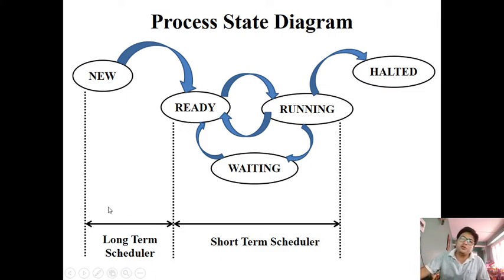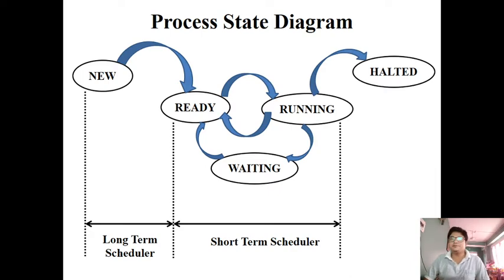The long-term scheduler is responsible for transferring a job from the new state to the ready state. So there are two kinds of scheduler, long-term and short-term, and the long-term scheduler is generally more complex than the short-term scheduler.